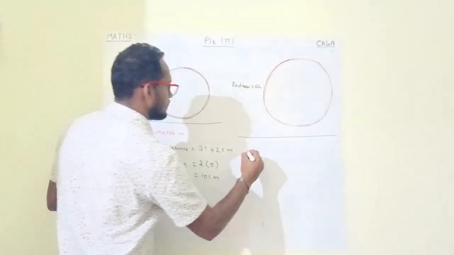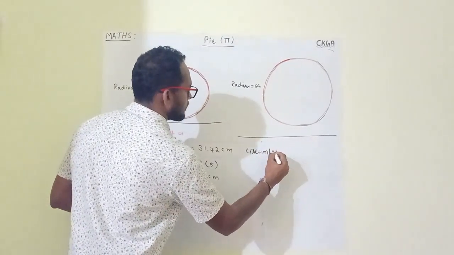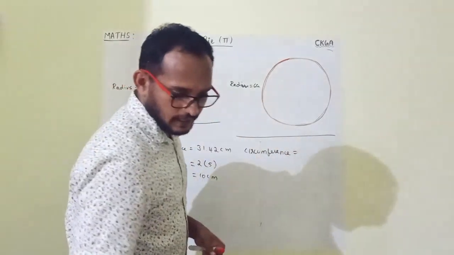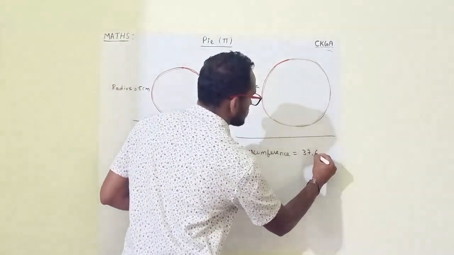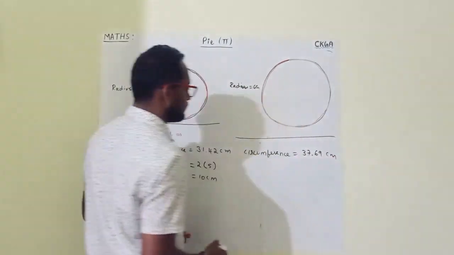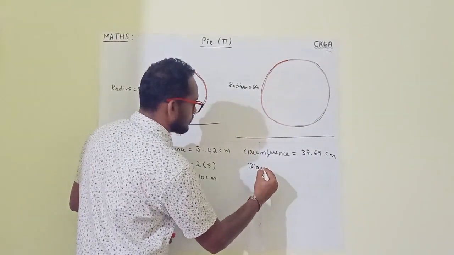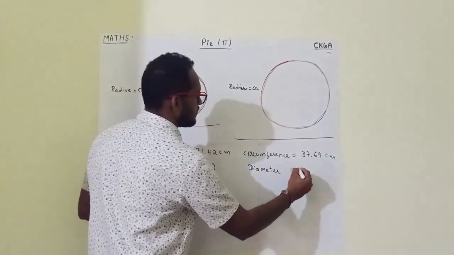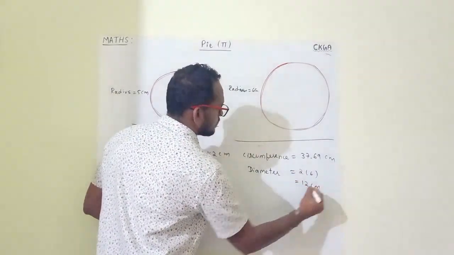When you find the circumference in this case, it is already calculated, approximately 37.69 centimeter. Let me find the diameter in this case. Diameter is equal to twice the radius, 2 times 6, that is 12 centimeter.